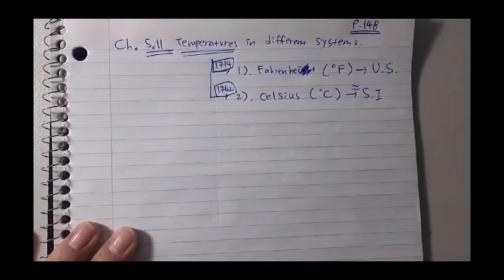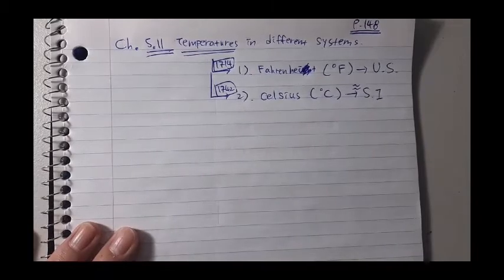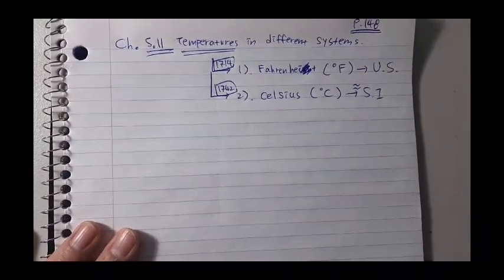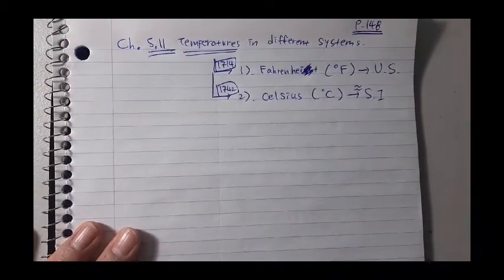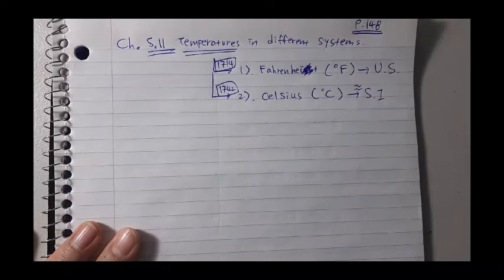To be fair, nowadays people use digital, but before digital, you know the red liquid inside the thermometer. So in any case, Fahrenheit discovered the relationship between temperature first, and then we used it.